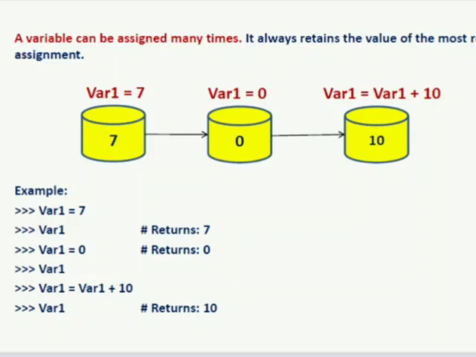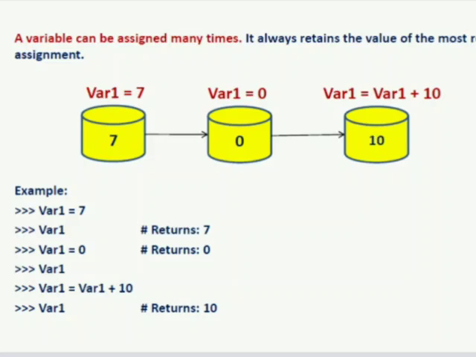Here in this example, we can see the same variable can be assigned different values, which proves that a variable is that thing whose value keeps on changing. For example, for the first time, var1, it means variable 1, is having the value 7.